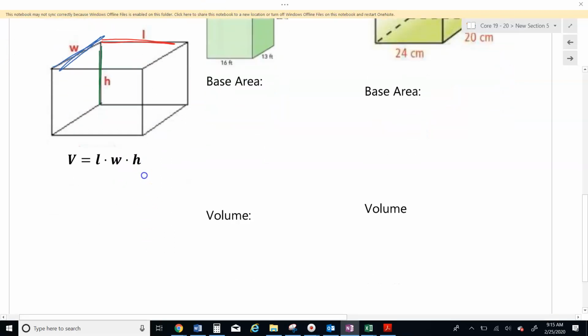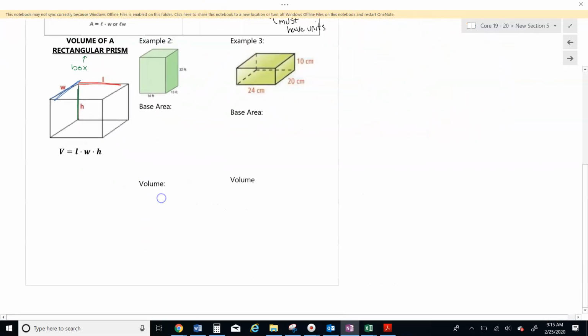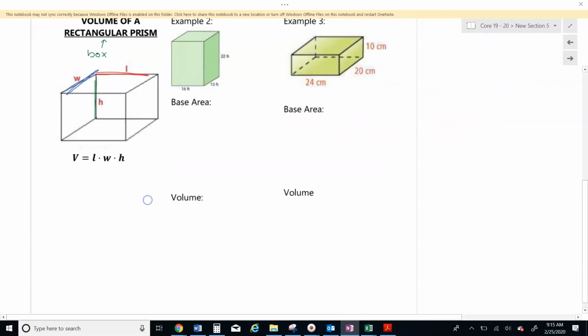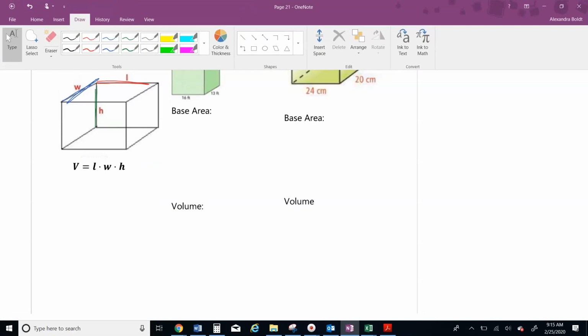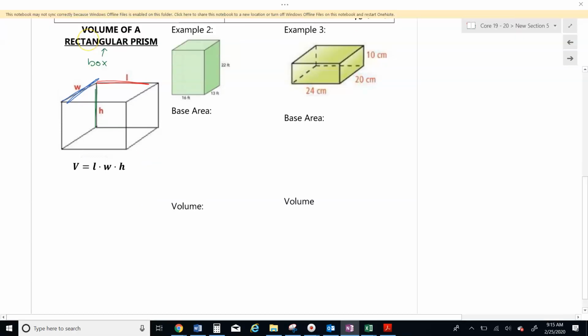So the base area, the base of a rectangular prism is the bottom. Base equals bottom.